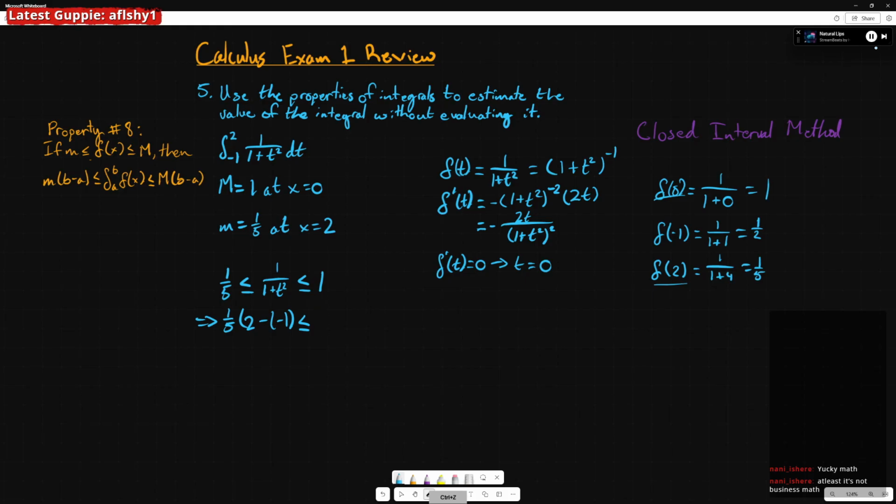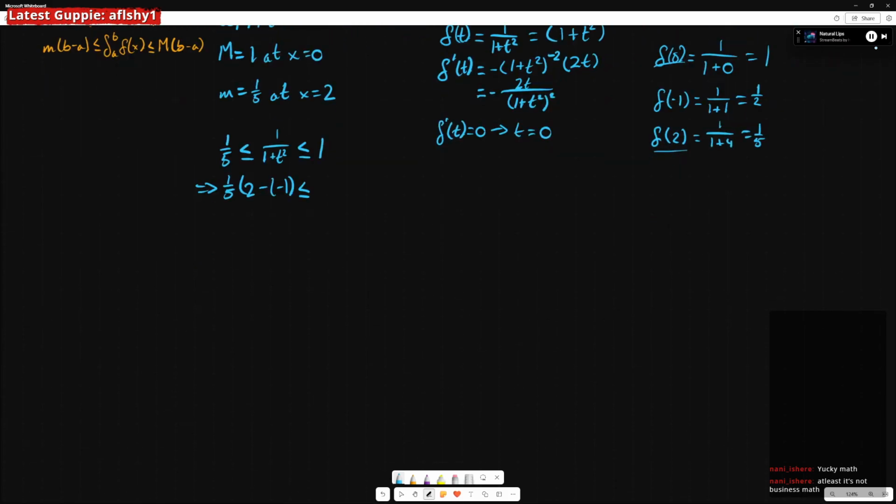That's not very integral-ish. Let me go down a little bit so I can. The integral from -1 to 2 of 1 over 1 plus t squared dt is less than or equal to 1 times 2 minus -1.